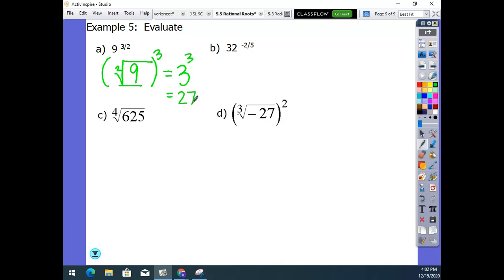All right, the first thing I would deal with in letter B, it's a negative exponent. So let's make it positive by moving the whole thing to the denominator. Now rewrite using radicals.